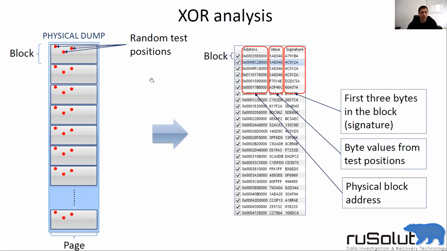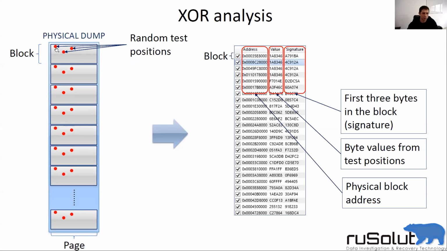After the test, we get the table, and in this table, each line represents 1 block. And here we have the physical address of the block. Then we have a column with values, and those values are actually from the test positions.